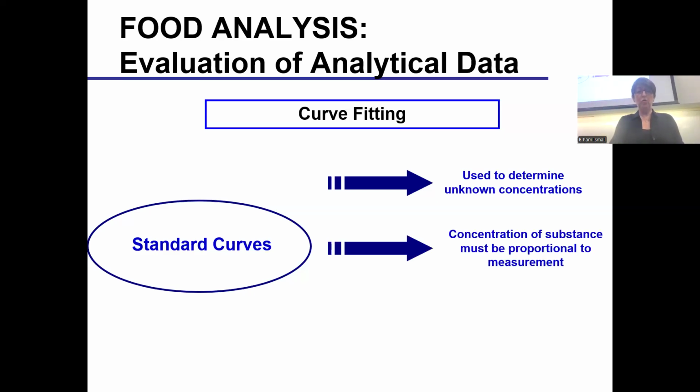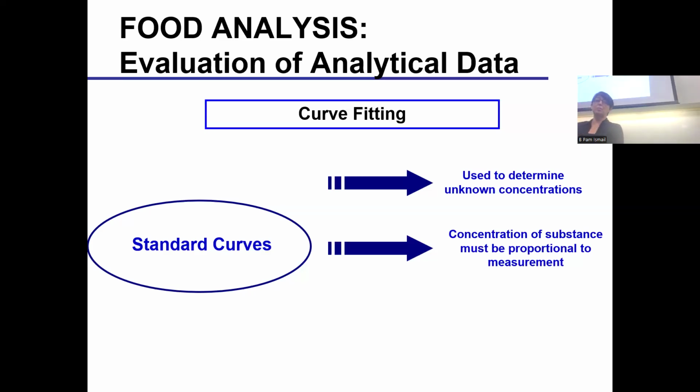All right, so when we select a method, we want to make sure that we have a linear regression that makes sense. So the concentration of the substance is directly proportional to the observation. So absorbance is directly proportional to concentration.